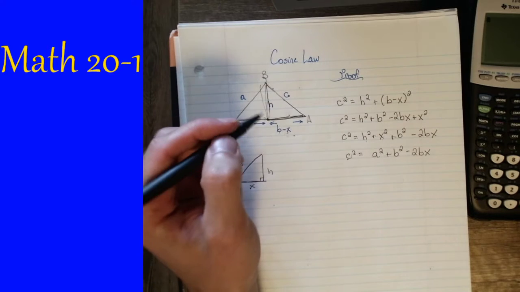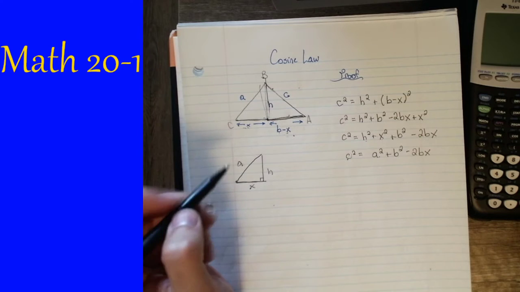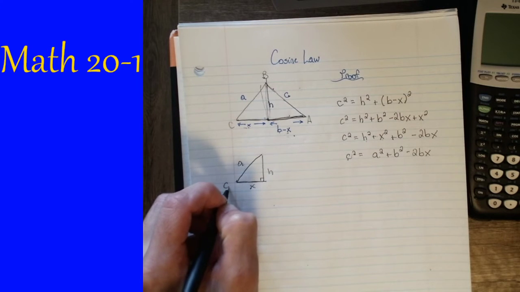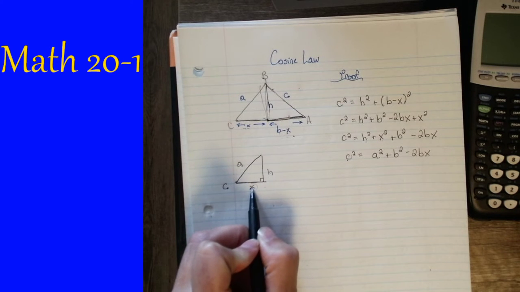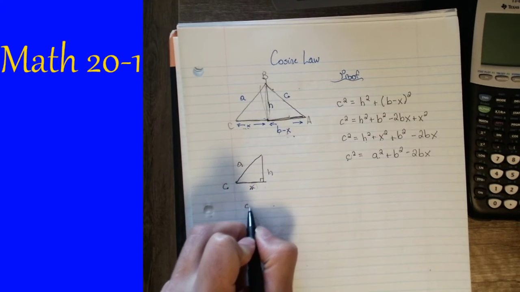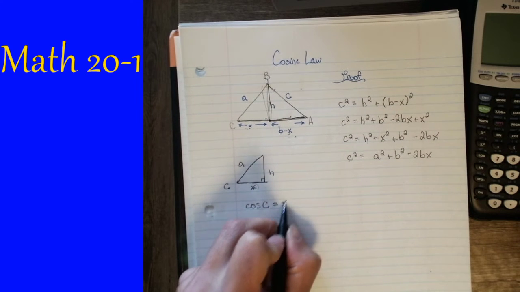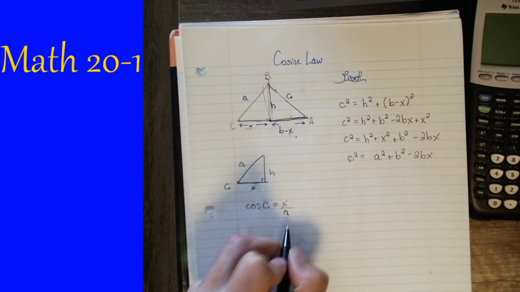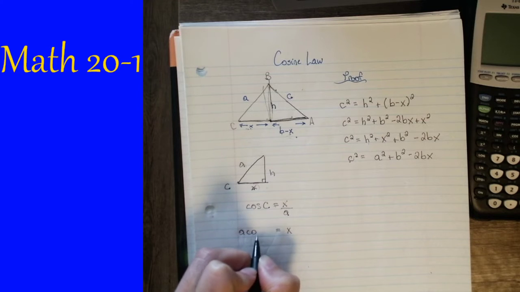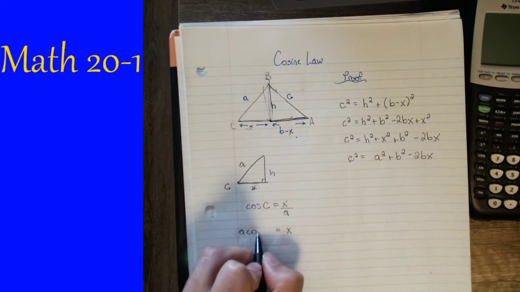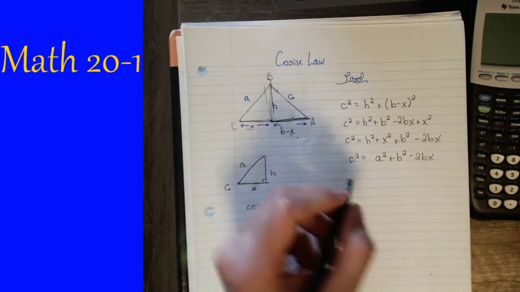Now, what we're also going to do is take a look at this triangle here, and just take a look at x for a moment. Well, the cosine of C is equal to x over a. And therefore, x is equal to a cosine C. And we're going to make that substitution.